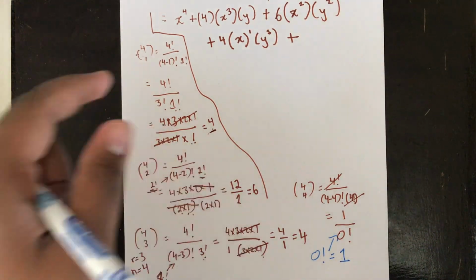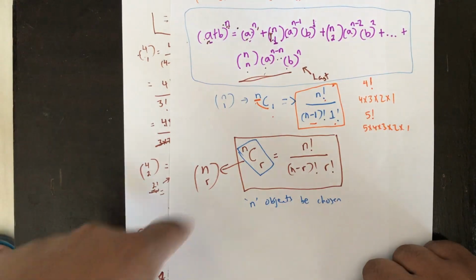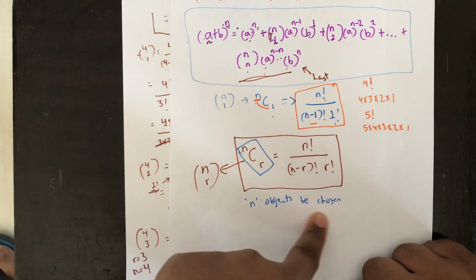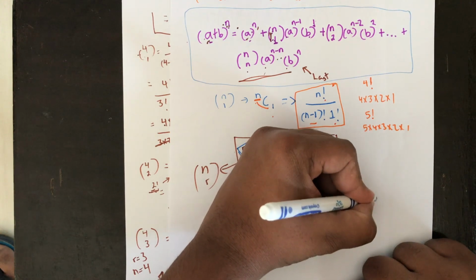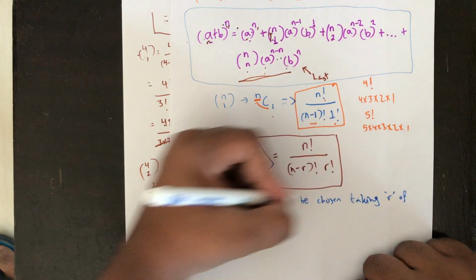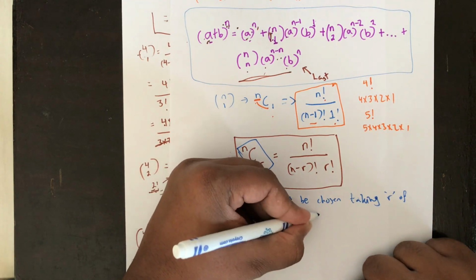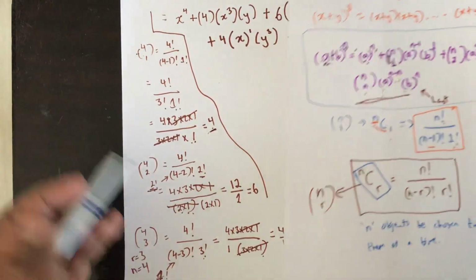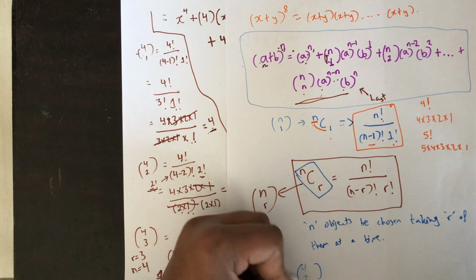Let me explain why. Because basically nCr essentially means in how many ways can n objects be chosen taking r at a time. Therefore, suppose I have 4c2, so I have 4 and 2.